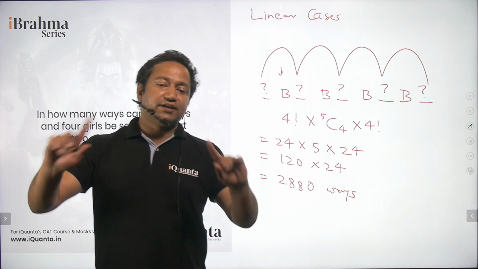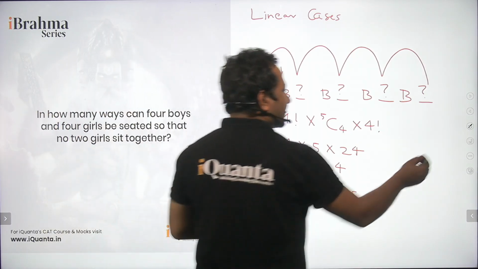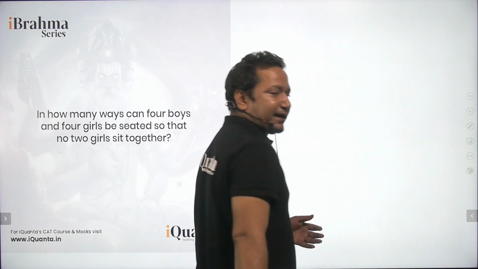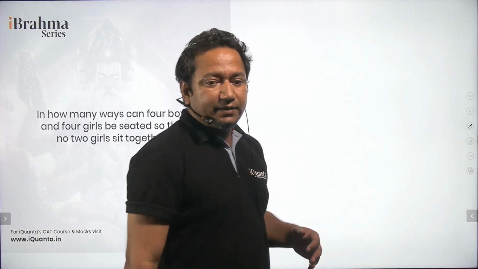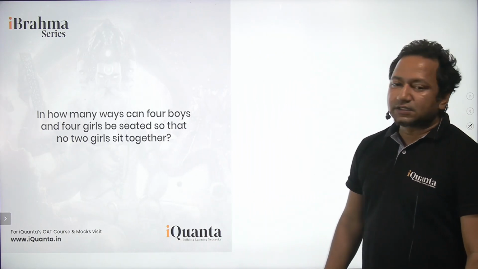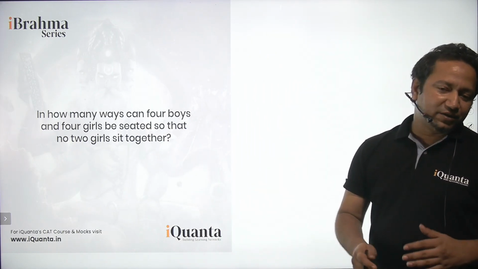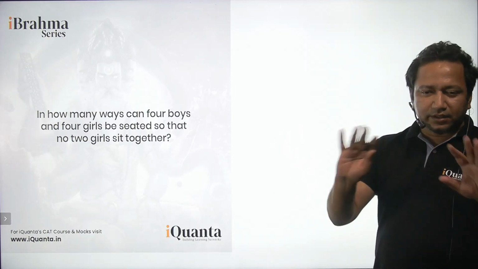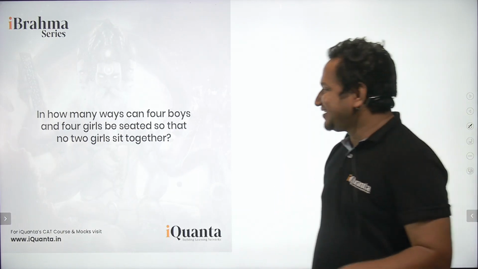Now let us talk about an out-of-the-box approach, and that would actually be very interesting. It happened with me that when I myself was preparing for CAT, this question was asked to me by my teacher. At that time I was mathematically not that enlightened. Then what did I do? I thought in a very weird way that will sound humorous to you, but let's have a look.